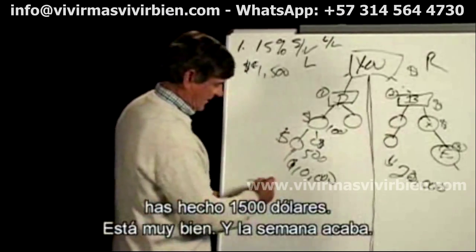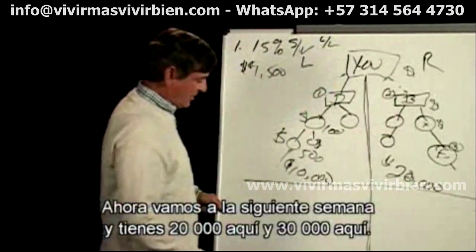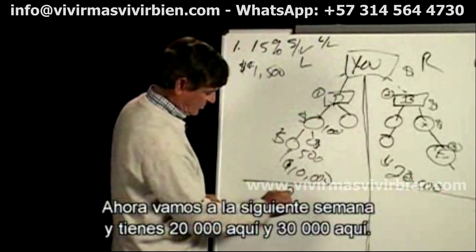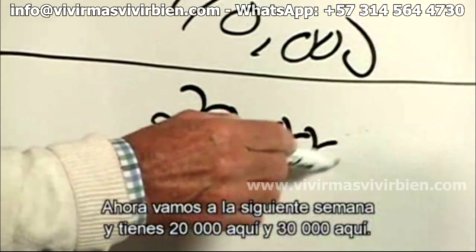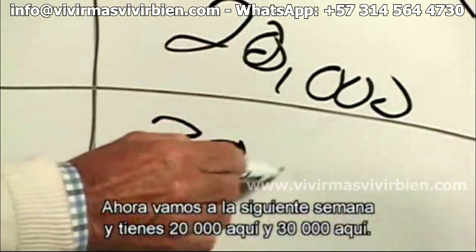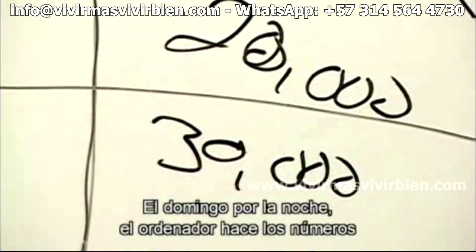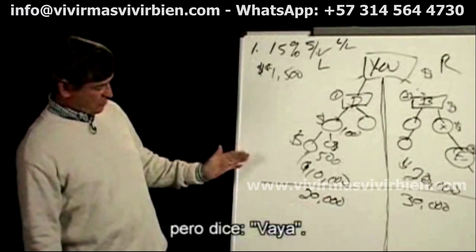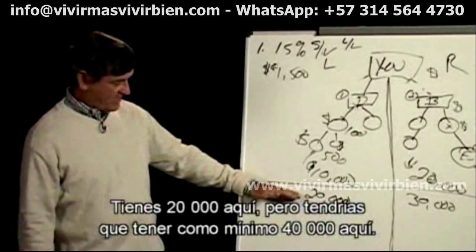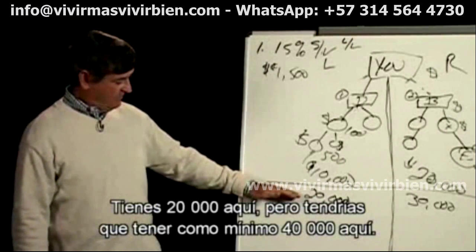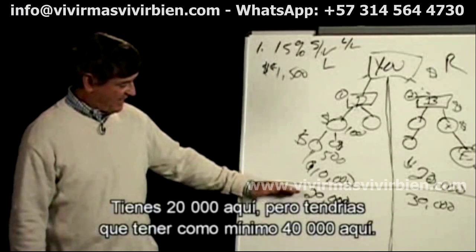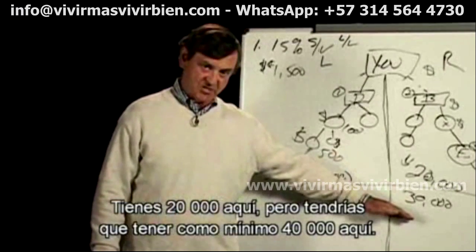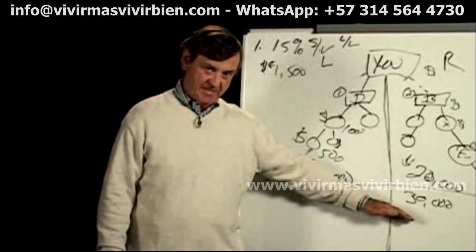That's pretty cool. So the week ends, okay? So now we're going to go to the next week, and you had 20,000 here, and you had 30,000 here. Well, Sunday night, the computer adds it up, it does the math, but it says, whoa, you've got 20,000 here, but to be in strict compliance, you'd have to have 40,000 here, okay?